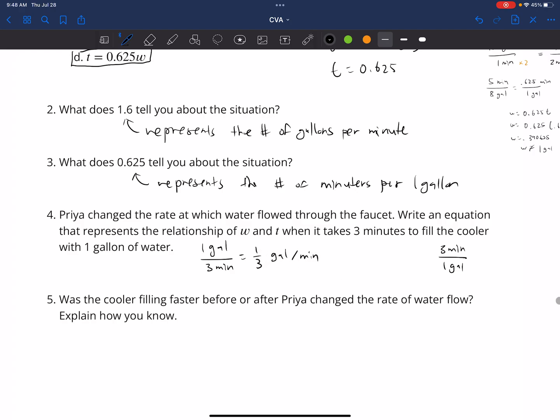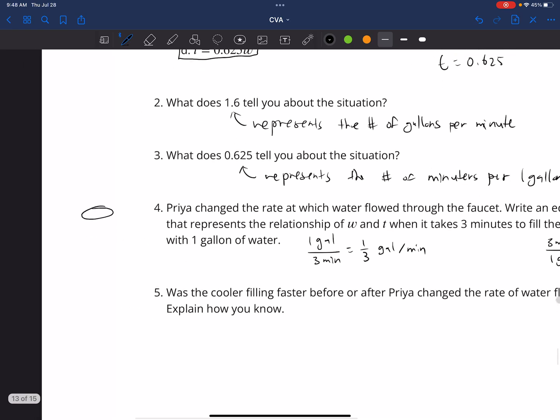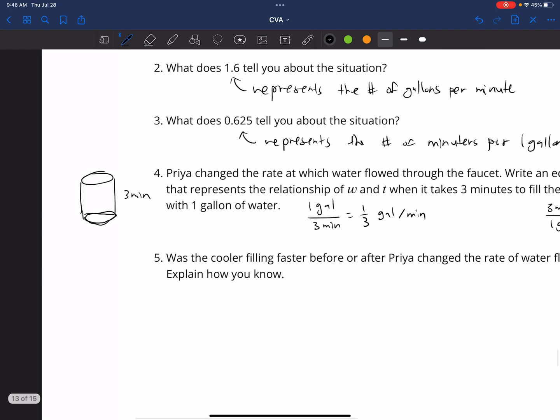Okay, let me see if I can show you guys that. Let's just say I have a container, and that is 1 whole container, right? That takes 3 minutes to fill up. Then how much will it fill up after 1 minute? This is 1 gallon.